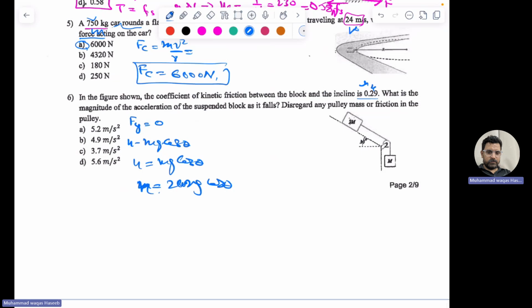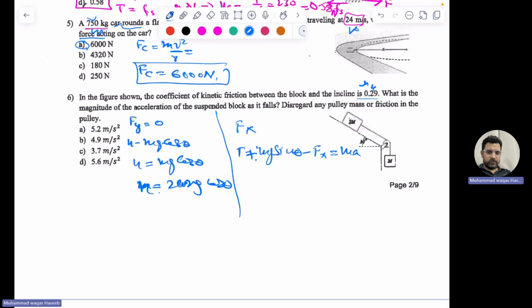Since we will calculate the forces along x, T is the tension in the string, T minus mg sine theta minus f of x equals mass times acceleration.